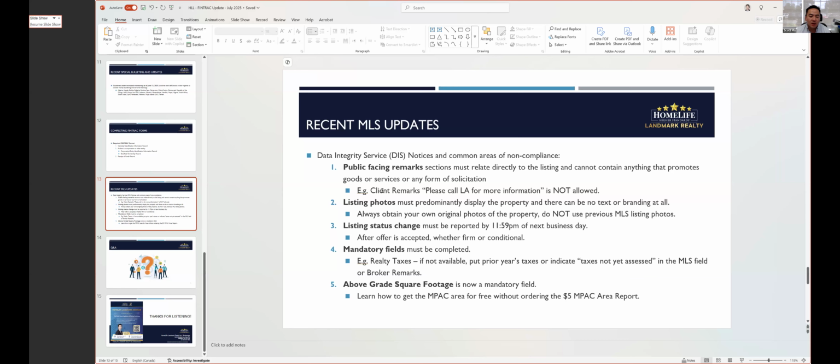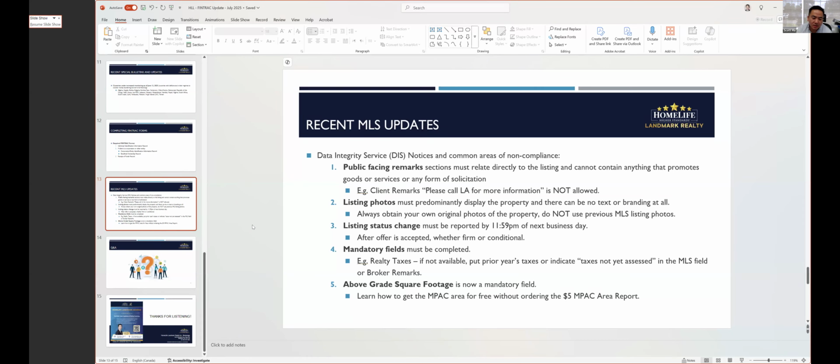So any kinds of those remarks, they have to go to the broker remarks section, because in that section only realtors can see that, and they see that on the MLS system, not in the public.